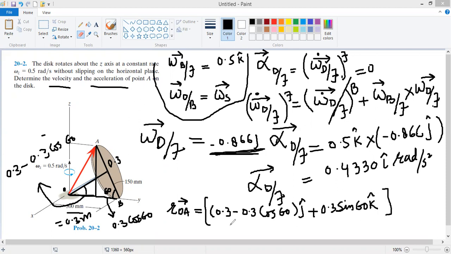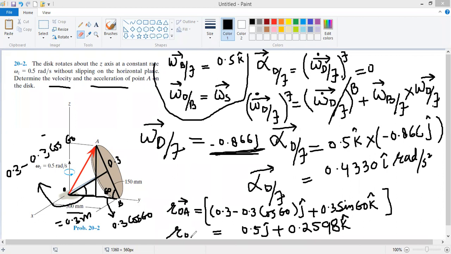This is ROA, and if we solve it, then the ROA vector comes out equal to 0.5 j cap plus 0.2598 j cap, 0.2598 k cap. It's like this. This is the radius vector from O to A.